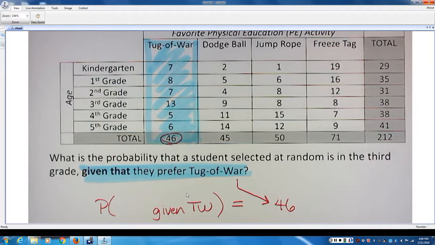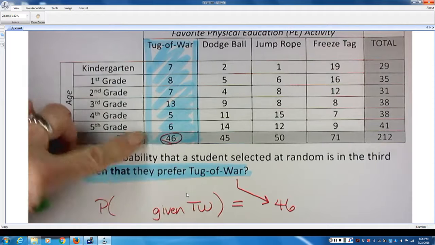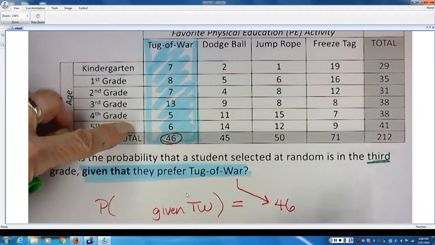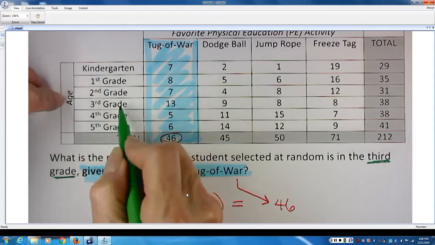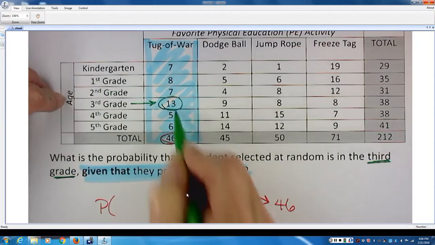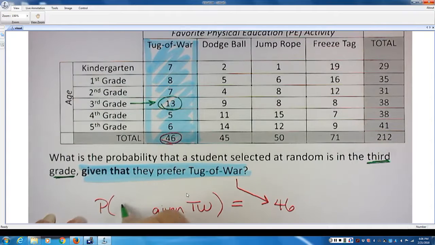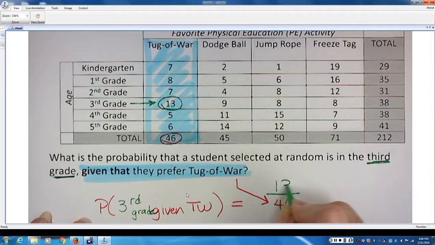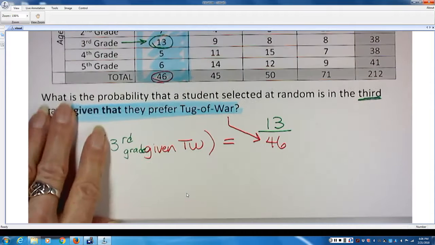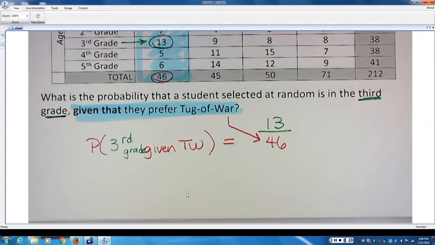Now all I have to do is look at just those 46 kids and find the ones that are in the 3rd grade. And there's 13 of them. So there's my probability. 13 out of 46. Okay?